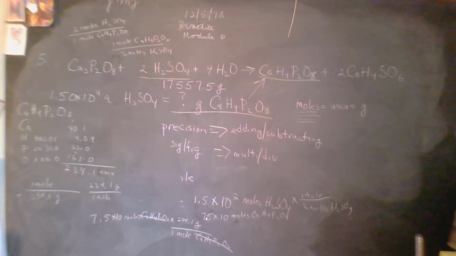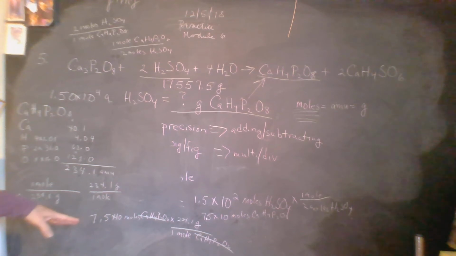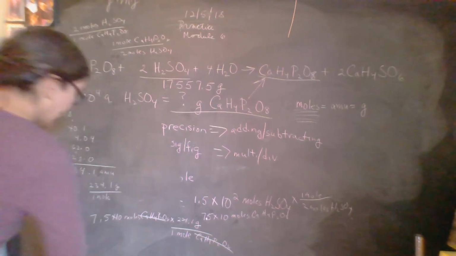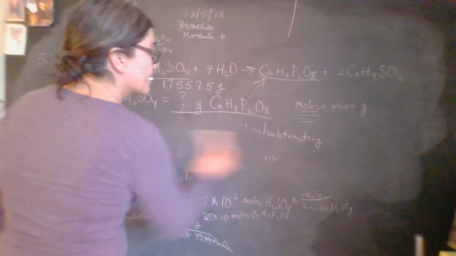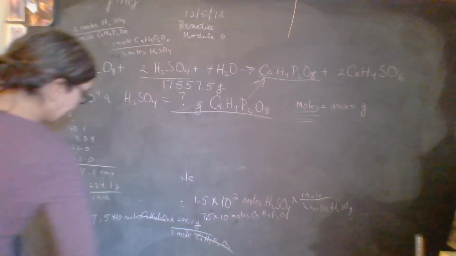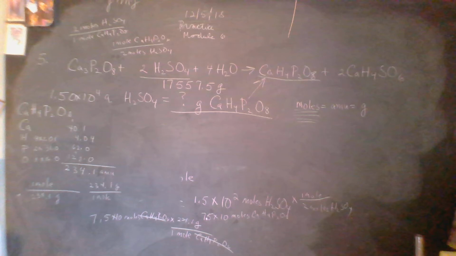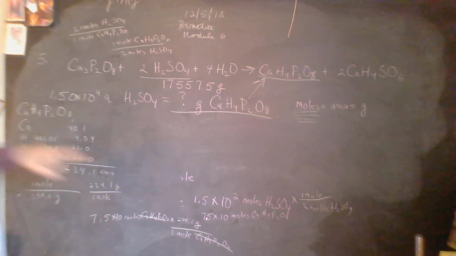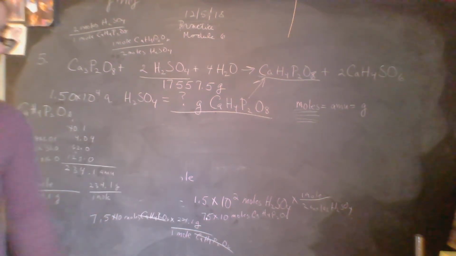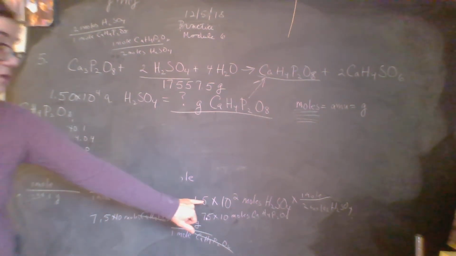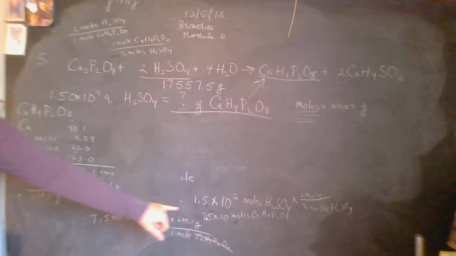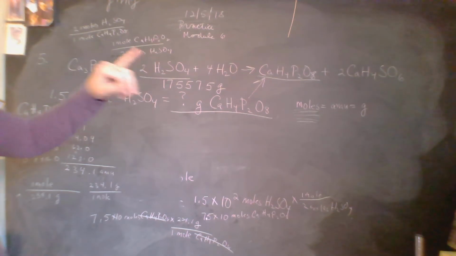What are my limiting significant digits? Because this is clearly multiplication, I have to show the right number of significant digits. Can you answer my question? How many? 3. Yeah, we're given 3 here, right? I wasn't using all my significant digits here. I screwed up. This should have been 1.50, right? Yep. Okay, and 7.50. So this is all good.